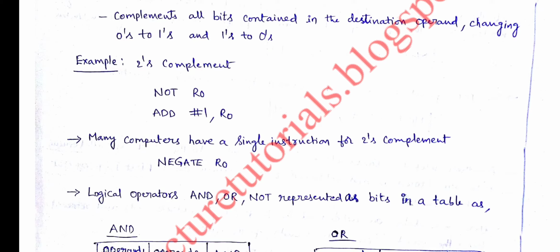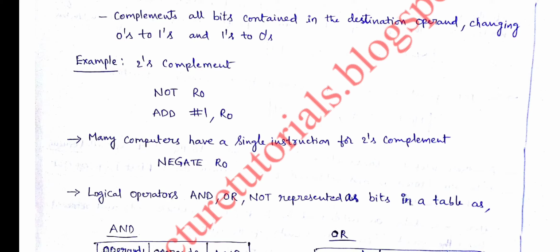NOT R0 means the content present in the register R0 is converted into 1's complement. 1's complement means NOT. NOT is nothing but 1's complement. And we have to add #1, R0. You add 1 to the existing 1's complement, and you get a 2's complement.